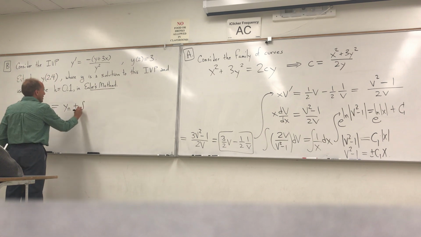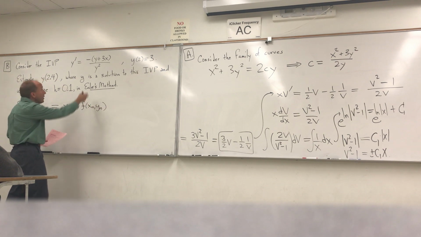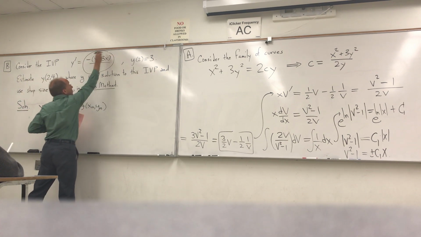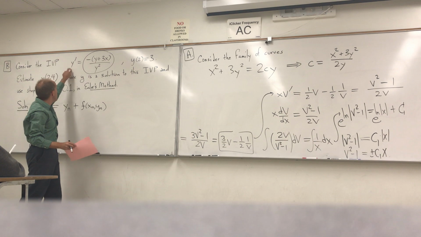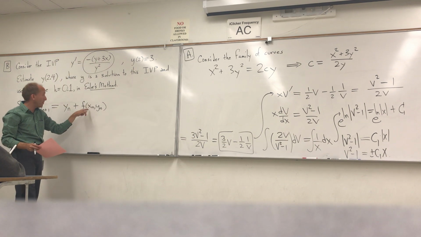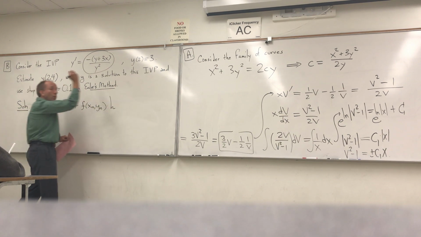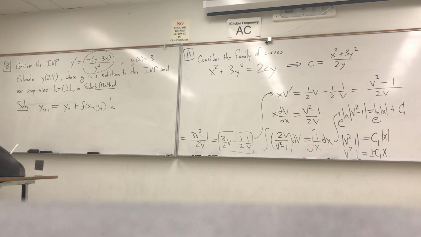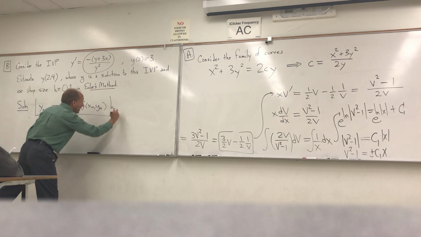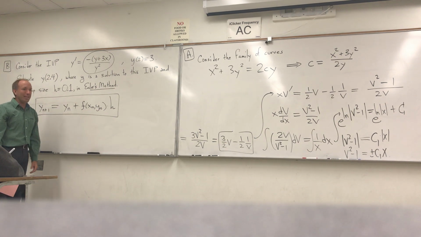So I'm going to write this as f of xn, yn. What is f here? F is just this whole thing over here, which is the slope, right? Y prime is the slope. So this is the slope of my solution curve at a particular point, which is my previous estimate. So that's the slope times the run, and the run is the h. If you don't remember anything else about Euler's method, this is the one thing you absolutely need to know. Otherwise you can't do the problem.